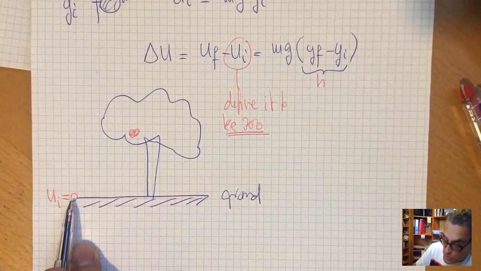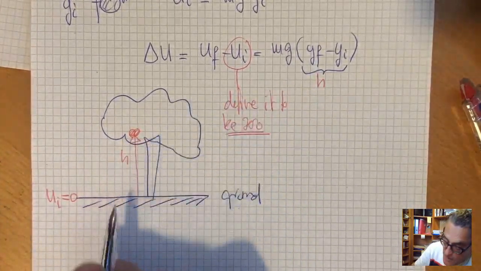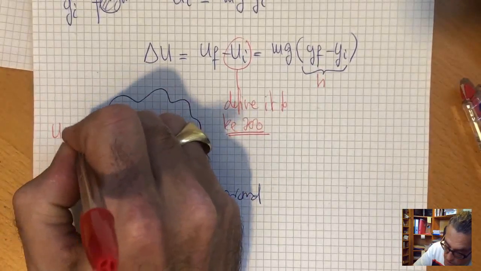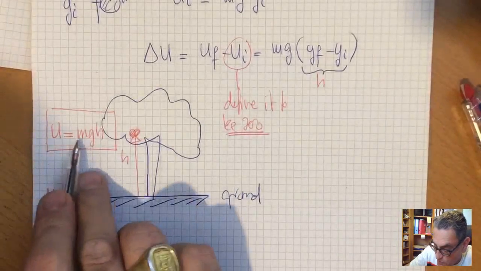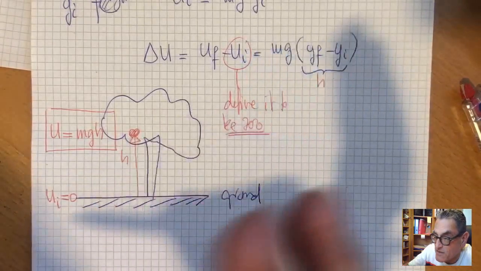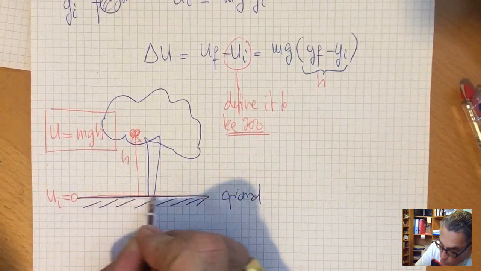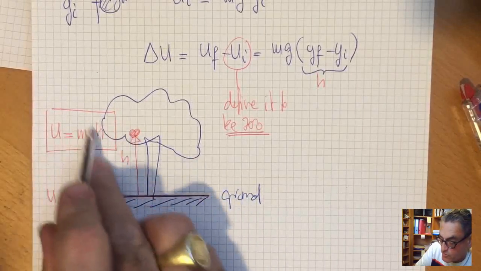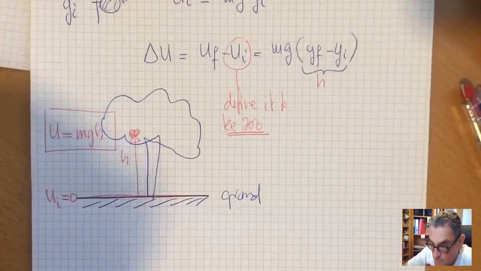The only thing which will count is the height at which your apple is with respect to the ground, and so the potential energy of this apple will just be mgh. This is the formula you need to remember. The potential energy of an object is defined with respect to a 0 altitude, where you define that potential energy is 0, and then you compute your potential energies with mgh for any object which is above that. Okay?